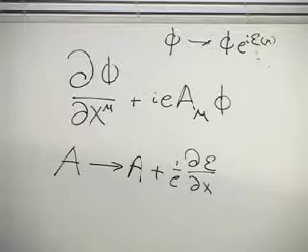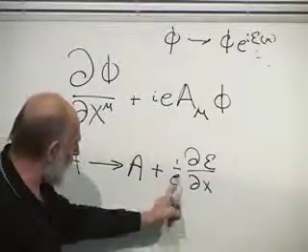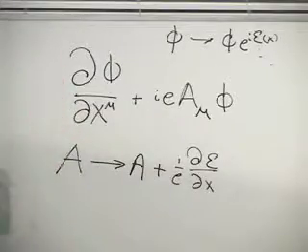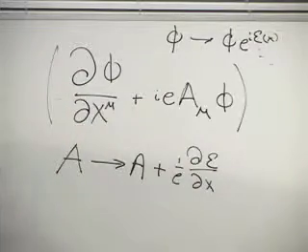If we change the vector potential in this way, whenever we do such a transformation, then this so-called covariant derivative doesn't change.